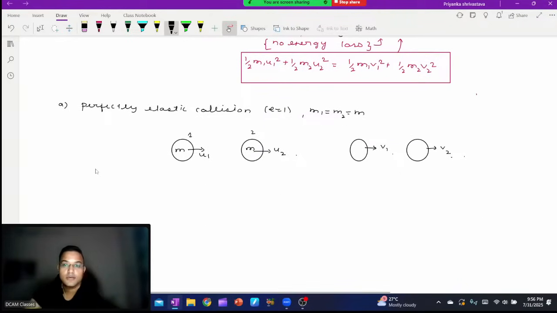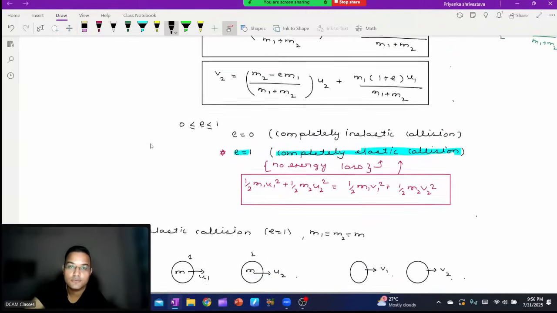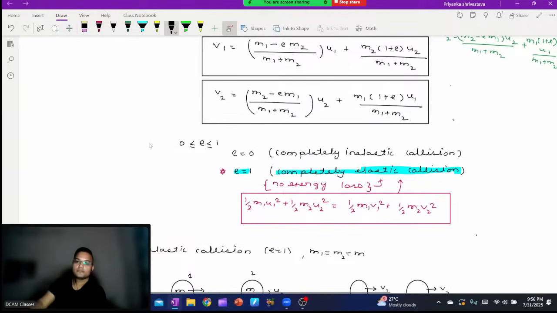If you want to see the formula, I'll show you. But personally, I won't recommend that you remember this formula, because I never tried to memorize this formula during my whole preparation, or up to now also. This V1 formula, V1 and V2.